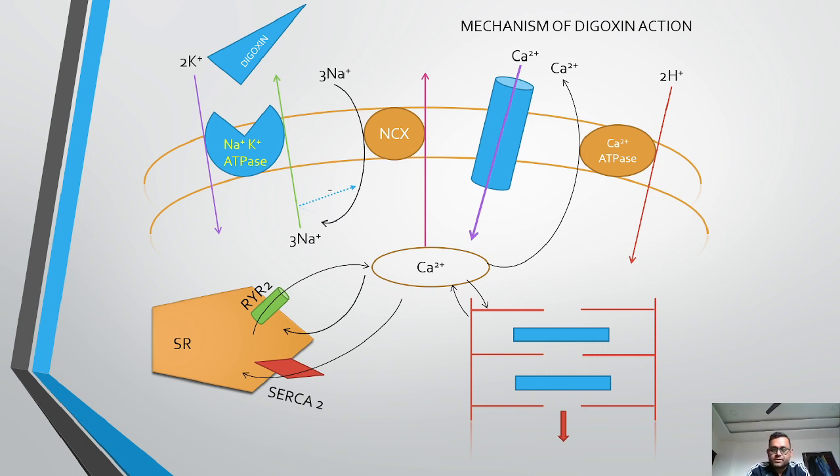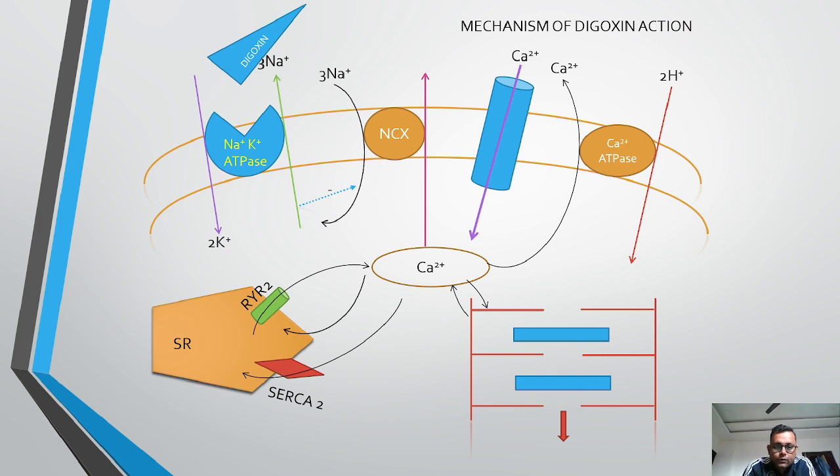These four things are present in the cardiac cell. When the sodium potassium ATPase pump is activated, it transfers potassium in and lets sodium out of the cell.